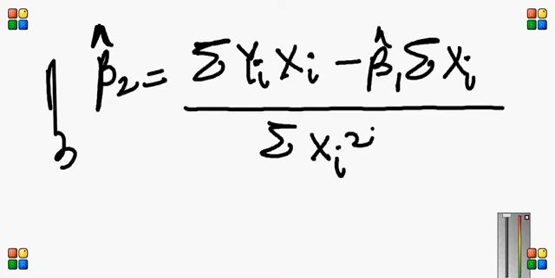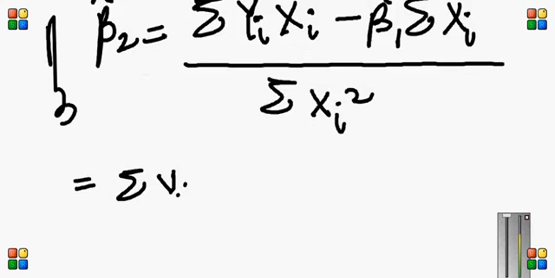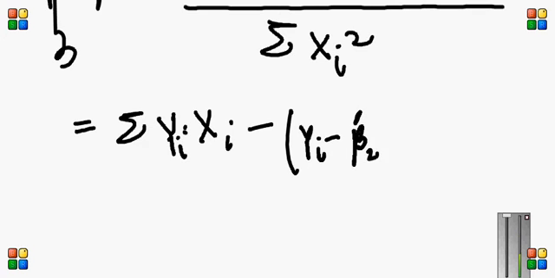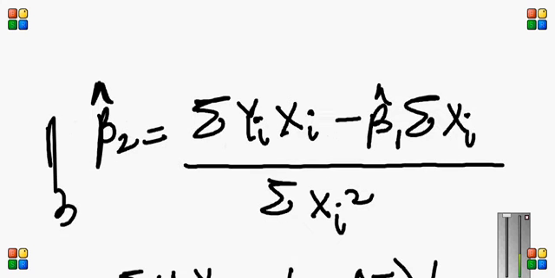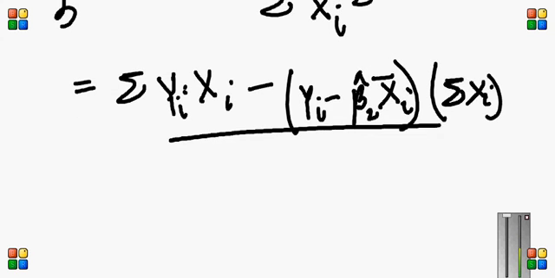So from here I already know the value of beta 1 hat, so I can write that here and I can get summation yi xi minus beta 1 hat, which is yi bar minus beta 2 hat xi bar, into summation xi upon summation xi square.